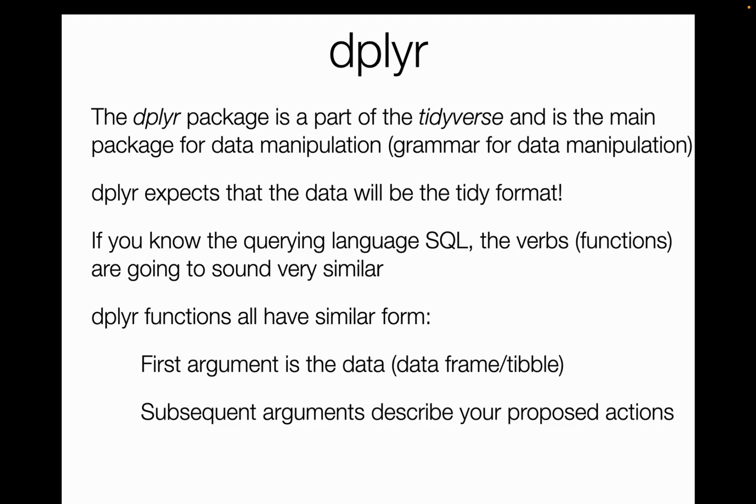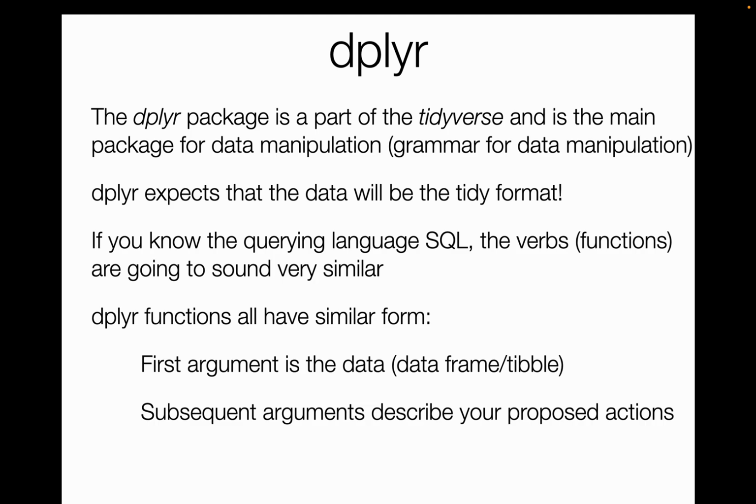Okay. Third, if you've ever used SQL or whatever you want to call it before, the verbs that we're going to learn, the functions that we're going to learn, are going to sound very similar. They have a very SQL feel to them. Okay. And then the last important thing that I think you should know about dplyr is that the functions follow the same argument structure.